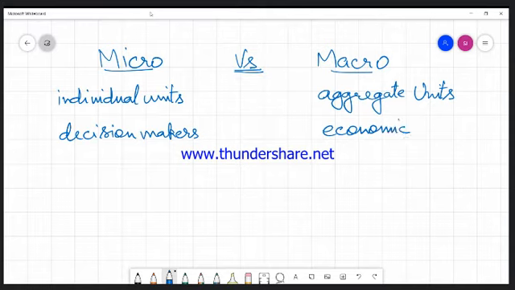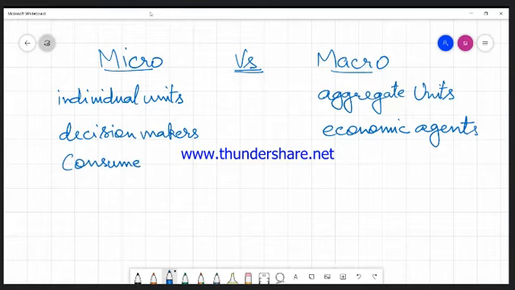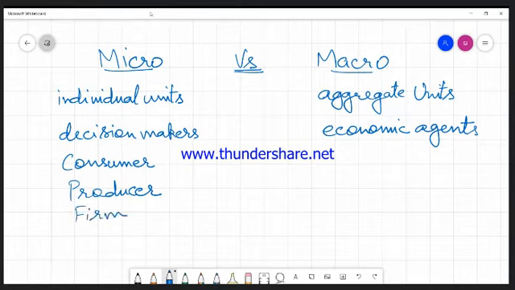In microeconomics, you talk about the individual decision maker, but at the aggregate level, we call them economic agents. Now, who are the decision makers you already know? You have talked about consumer, producer, firm, factor.